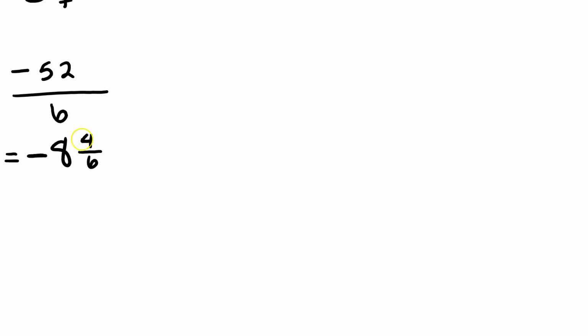Here's the thing though, we know that 2 is a common factor between these two numbers. So my final answer is going to be negative 8, and I'm going to divide both the numerator and denominator by 2, not the big number out in front, because we're happy with how many wholes we have. 4 divided by 2 is 2, and 6 divided by 2 is 3. So negative 8 and 2/3.